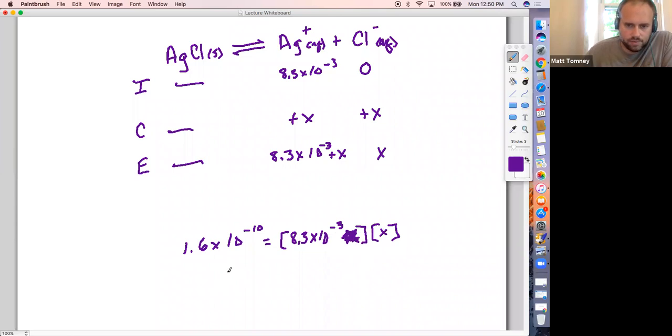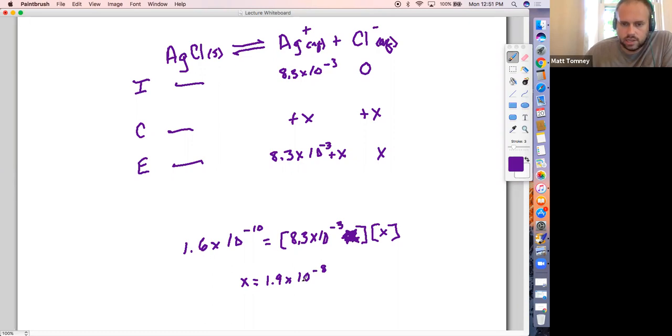So that simplifies this so that I just get 8.3 times 10 to the -3 x, because I would multiply those two together. So if you solve for that, right, by dividing through and then you have x, you should find that x equals 1.9 times 10 to the -8th, okay?